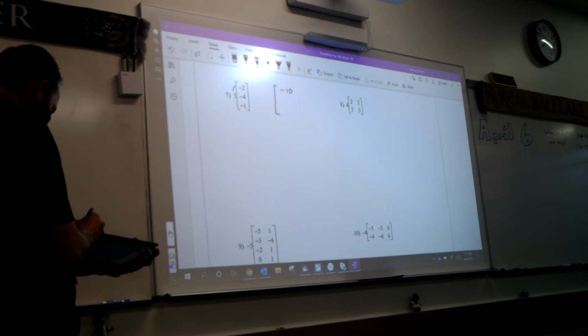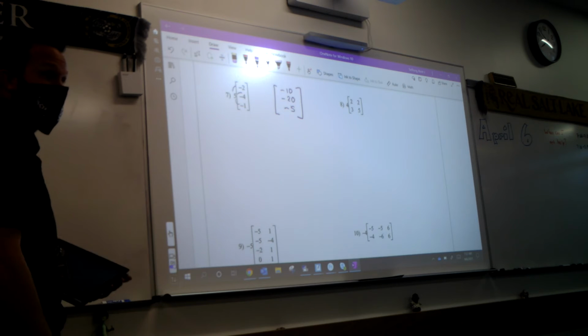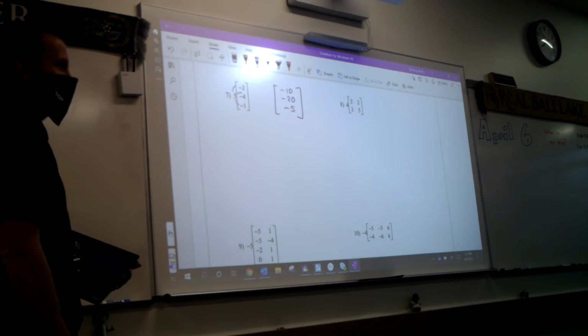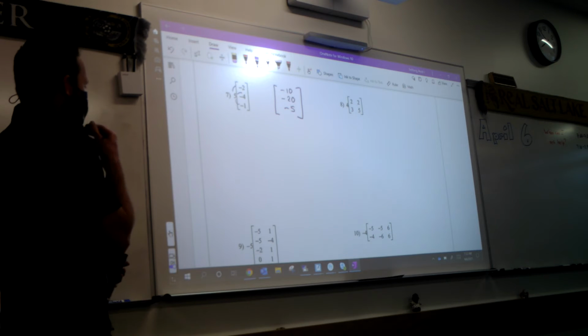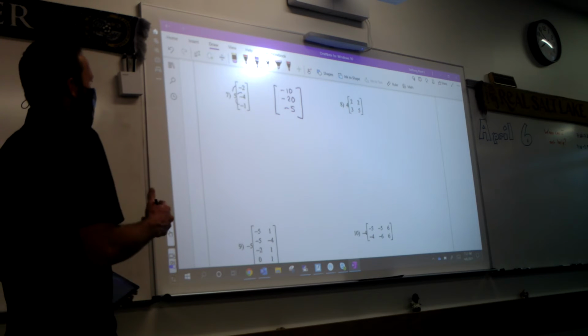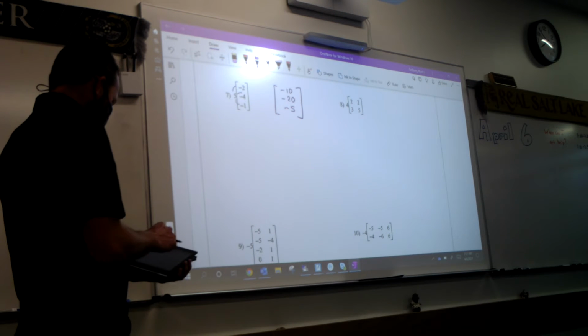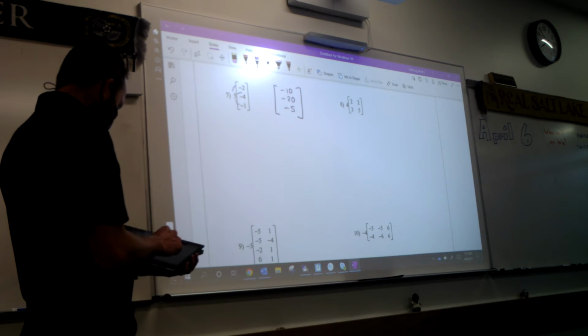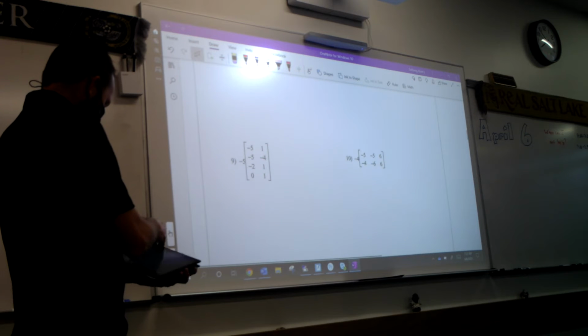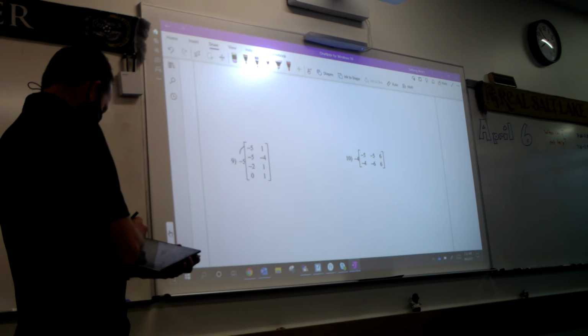Negative 10, and then 5 multiplies to negative 4. 20, and 5 multiplies to negative 1. Negative 5, and then that's it, right? It's just like distributing with polynomials, but now it's just going into every element in the matrix, okay? Let's look at the same thing for number 9. This time, the negative 5 is getting distributed to every term in here.